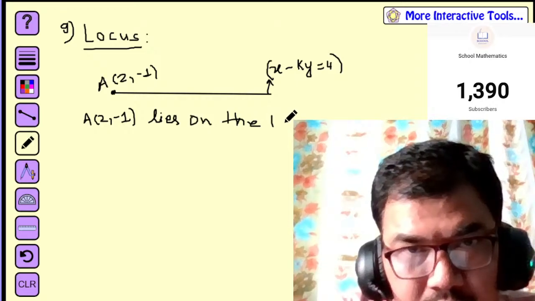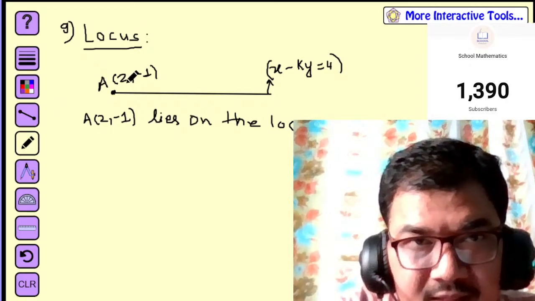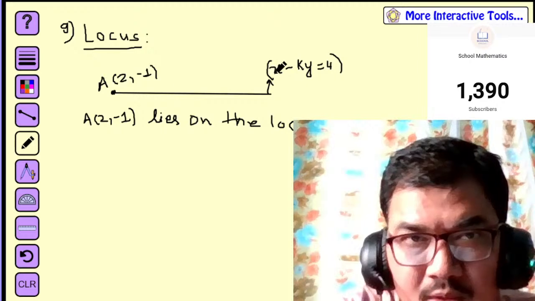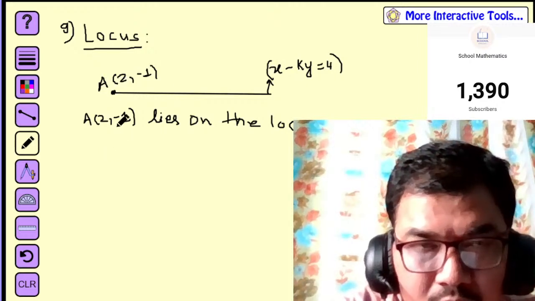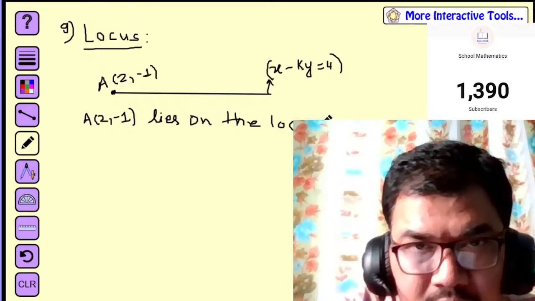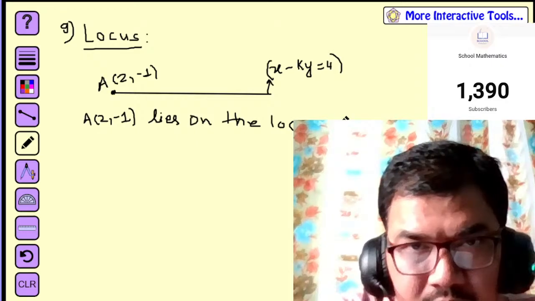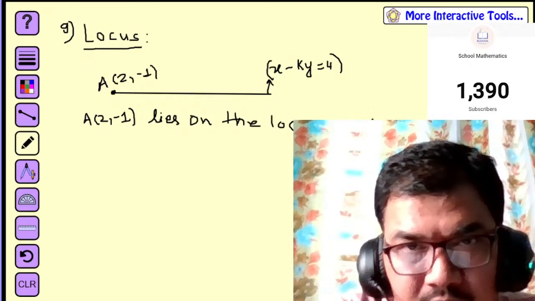Lies on the locus. What does it mean? It means this is the value of x and this is the value of y of this locus. Then what will be there? Let's put this value in place of x over there. The locus is given as x minus ky equals 4.